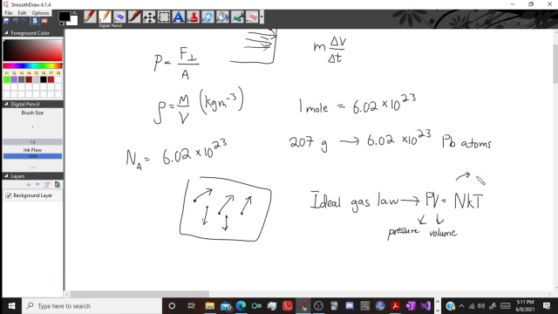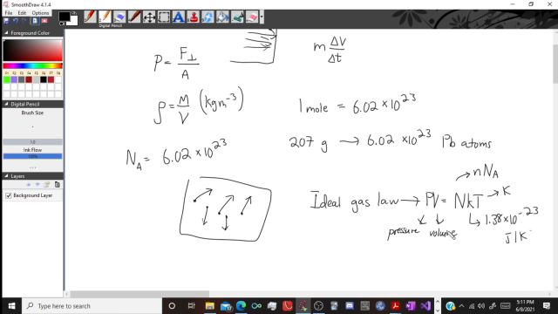Capital N is just the number of moles times Avogadro's number, so in other words, the number of total particles. K is known as Boltzmann's constant, and it's equal to 1.38 times 10 to the power of negative 23 joules per degrees Kelvin. And finally, T is just the temperature in Kelvin, obviously, since it has to cancel out with the Boltzmann's constant.